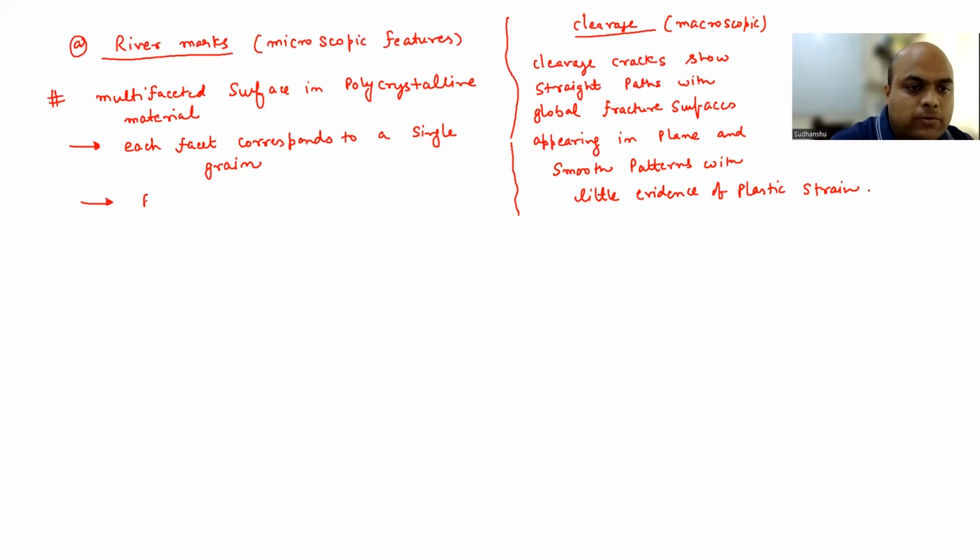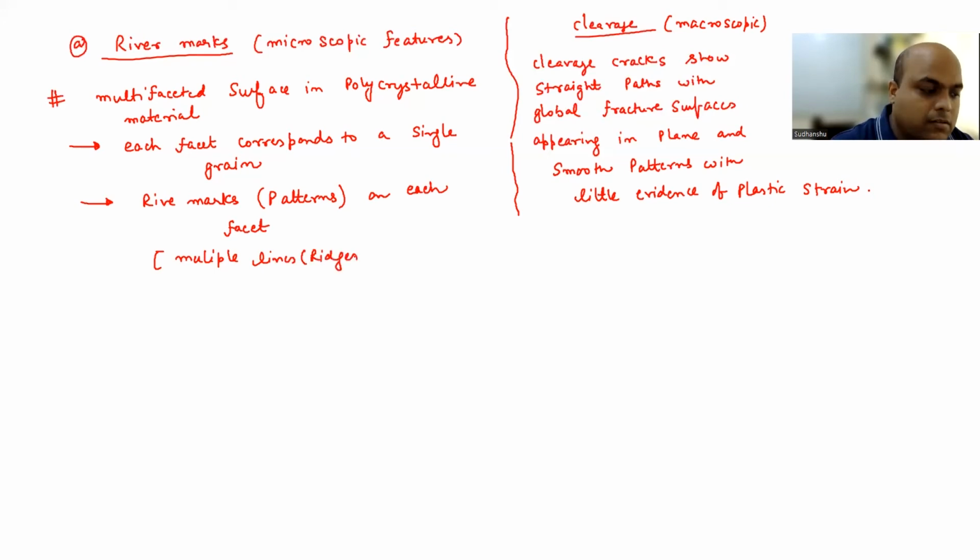And what you are going to see is river marks or patterns on each facet, which is like multiple lines or ridges converging to a single line.